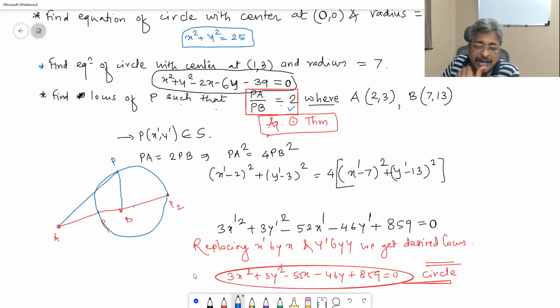So if we learn to identify the equation which is given to us as a circle, then everything is falling in place. Geometrically we know that this is circle, algebraically we get equation of circle. Geometrically we knew that locus equidistant from 2 points is a straight line, perpendicular bisector.